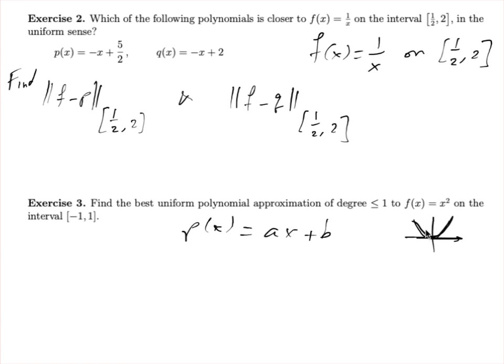So we're finding a line on the interval -1 to 1 such that the maximum absolute value of the difference is the smallest among all of those lines. This one can be easily done geometrically by just thinking about what it means for the sup norm of the difference to be the smallest possible.